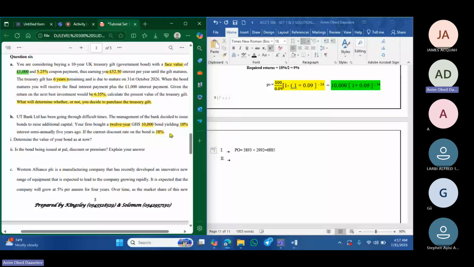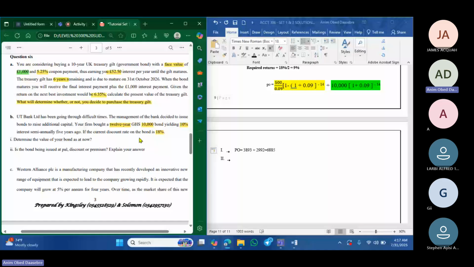So that's the other way you can assess whether the bond is trading at par, discount, or premium. Since the coupon rate is lower than the yield to maturity rate, then of course the bond price will be lower than the face value.